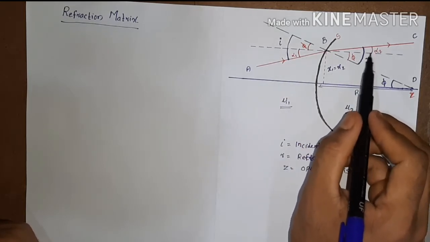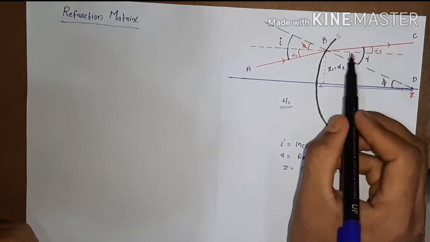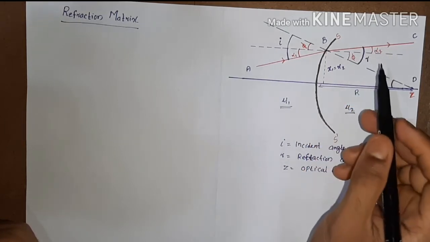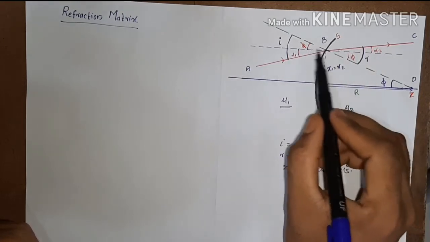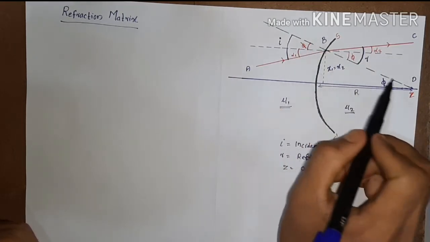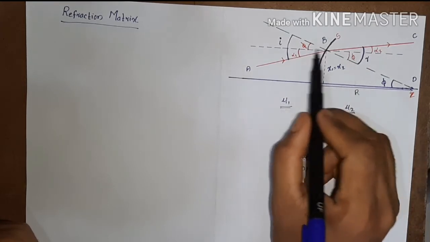Similarly, alpha 2 is the angle made by the refracted light ray with respect to the optical axis. This optical axis and the normal at point B make an angle phi.